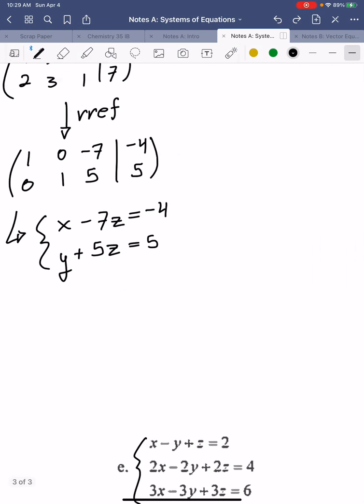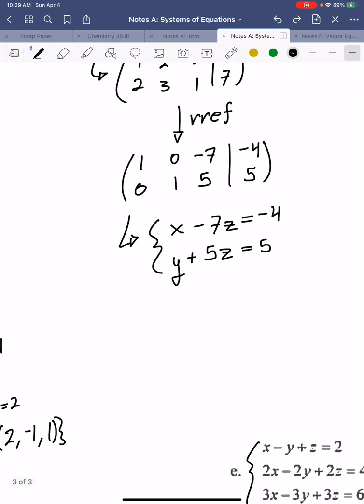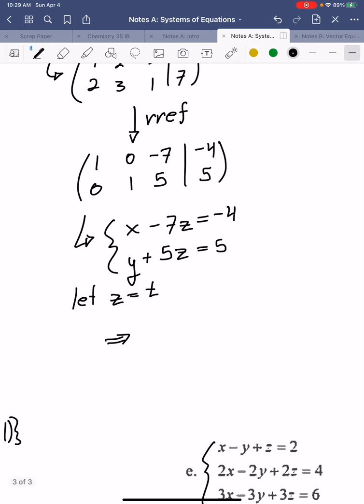So to simplify this, we can let z equal t. Thus, our solution is going to be x equals -4 plus 7t, and y equals 5 minus 5t. And then our z equals t, of course.